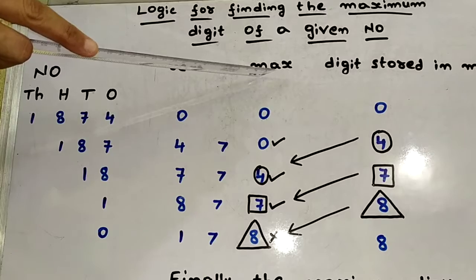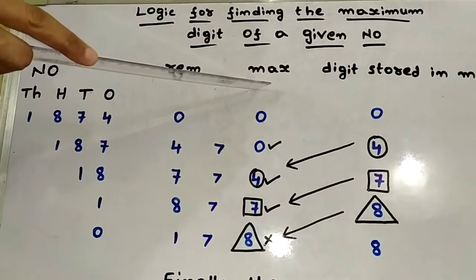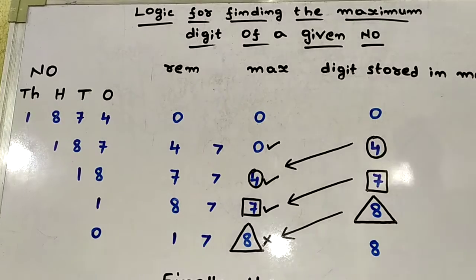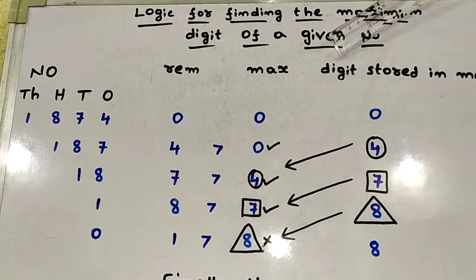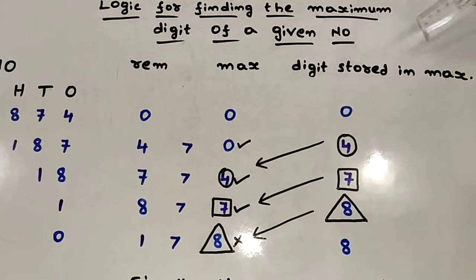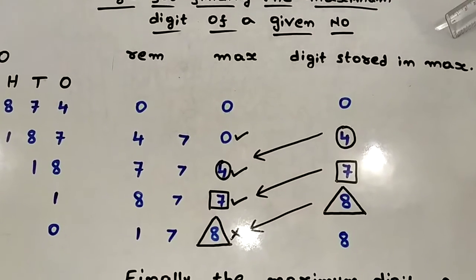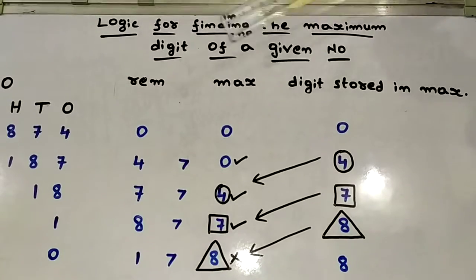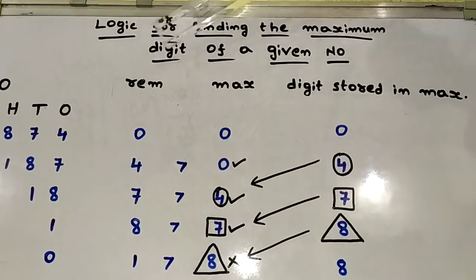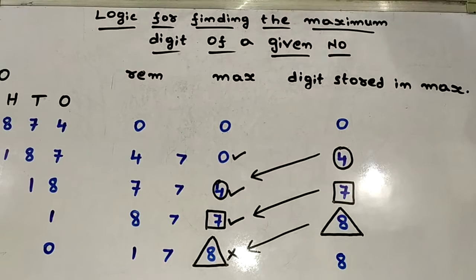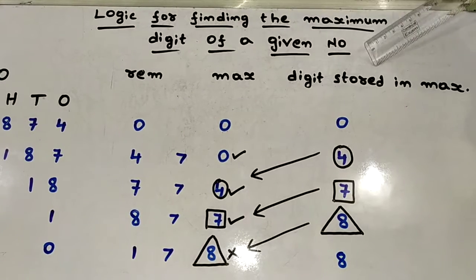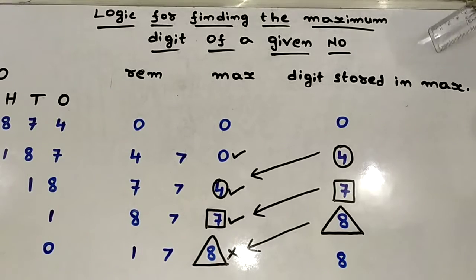Max stores the maximum digit of the given number. And here there is the digit stored in max. That means the comparison is made between REM and max. After the comparison, the greater digit is finally stored within the max variable.